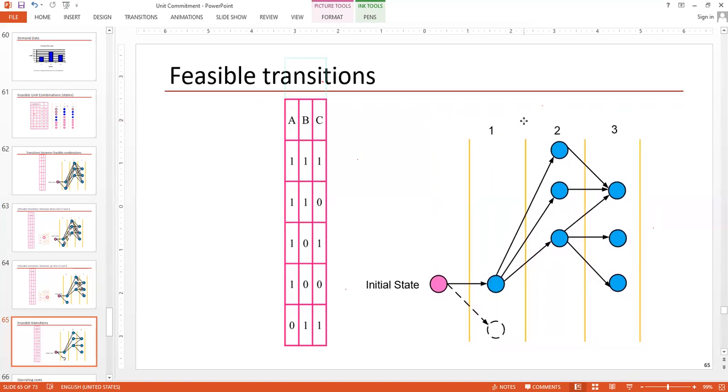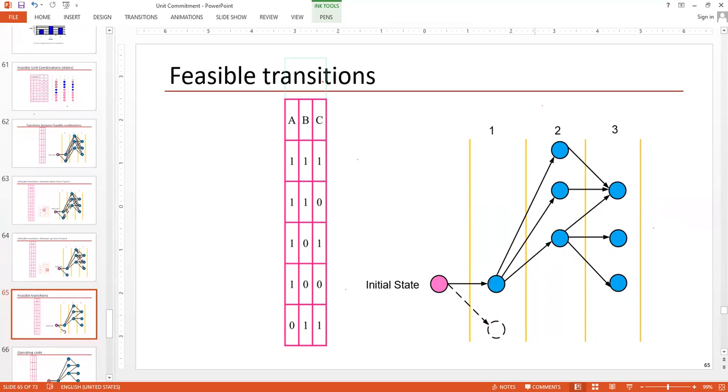With that, when we get rid of all these dashed lines, we are left with only the feasible transition lines, the solid lines. Now we have to calculate the costs for each of the paths.